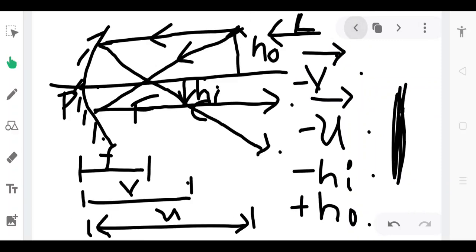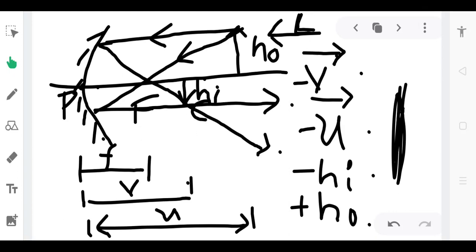But what is actually happening in the diagram? It is not erect, it is inverted. See, this is the head, this is the bottom, so it is upside down. It is inverted and it is a real image, because the actual reflected rays are meeting. If it were virtual, these reflected rays would not meet; they would only appear to meet behind the mirror, but that is not happening in the diagram.